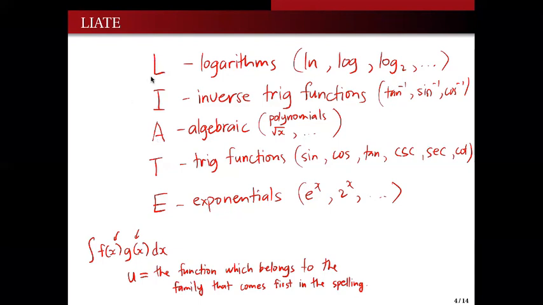So your u will be the ln of x, and then the dv will be the x dx. Is this clear here?